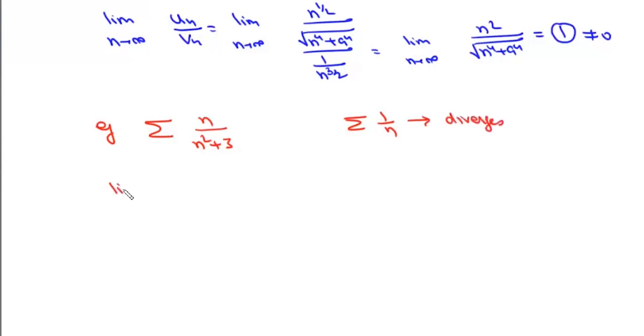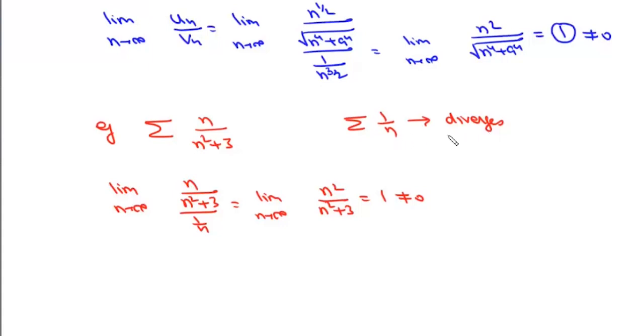Now we find this limit, n tends to infinity, un upon Vn, so it will be n upon n square plus 3 upon 1 by n, which is this limit, n tends to infinity, n square upon n square plus 3, and it is equal to 1, which is unequal to 0. Now both the series have the same behavior of convergence. So if this summation 1 by n diverges, this series summation n upon n square plus 3 will also diverge.